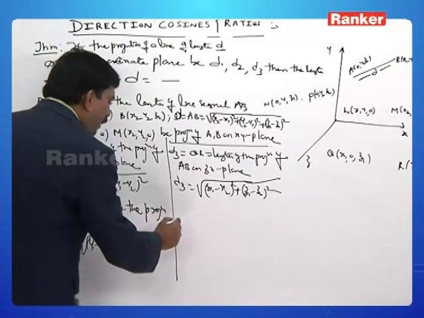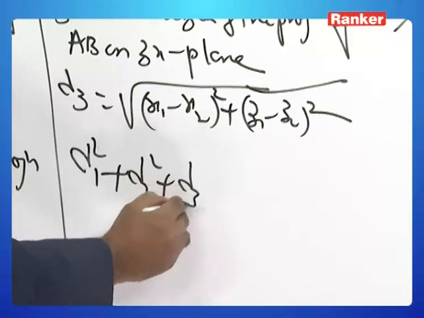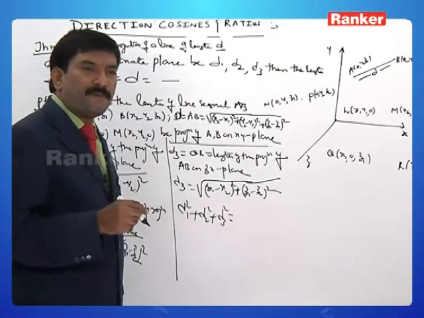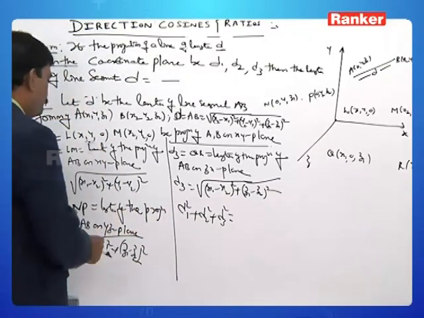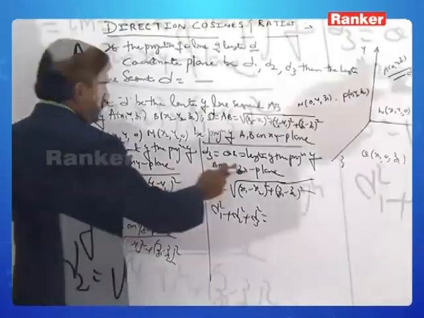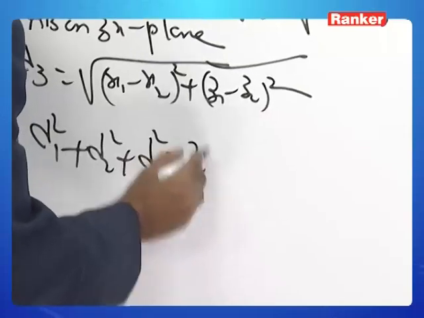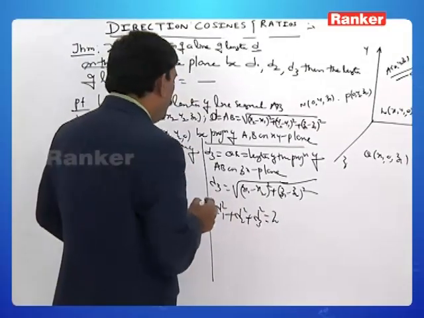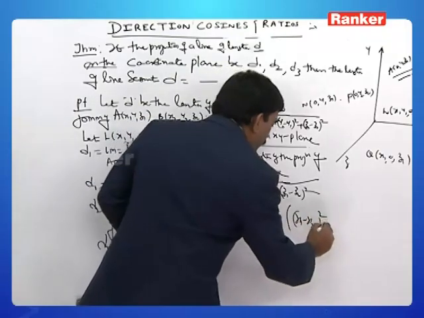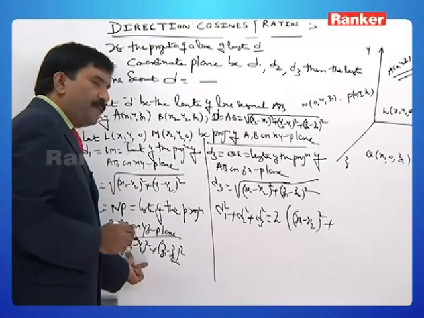Squaring and adding, we get d1 square plus d2 square plus d3 square. Adding this up, x1 minus x2 whole square appears here and also here, so it comes as 2 times x1 minus x2 whole square. Similarly, y1 minus y2 whole square appears twice, so 2 times y1 minus y2 whole square.